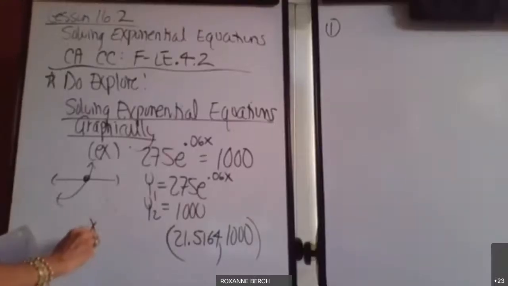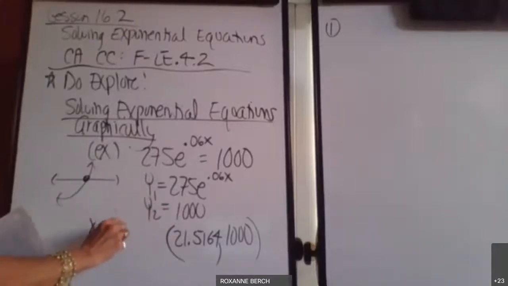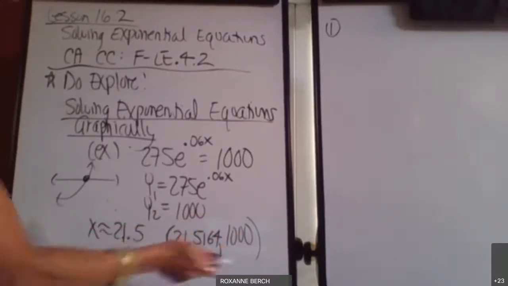I got 21.516, 403. That's correct, 21.5164. So basically, depending on how they want you to round, you would say 21.5 or 21.52.